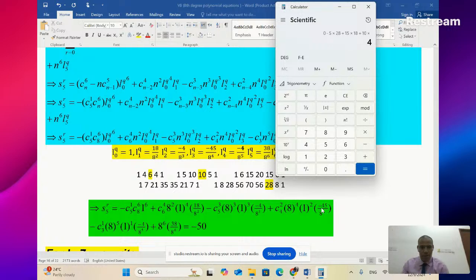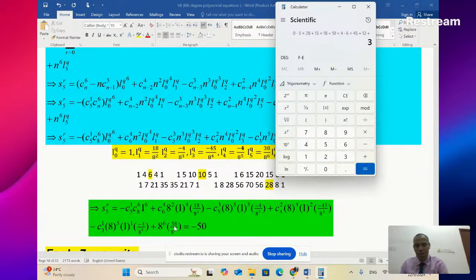Then we have negative multiplied by positive is negative, negative 4 choose 2 is 6, 6 multiplied by 45. Why? Because 8 raised to the power 4 divided by 8 raised to the power 4, no need to write it. Then we have minus multiplied by minus is positive. Plus what? 3 times 4, is 12. Plus 12. Then plus 8 raised to the power 6 divided by 8 raised to the power 6, no need to write it, just write plus 3.